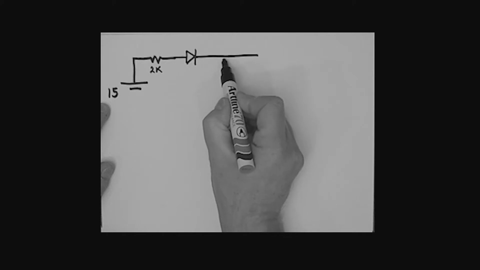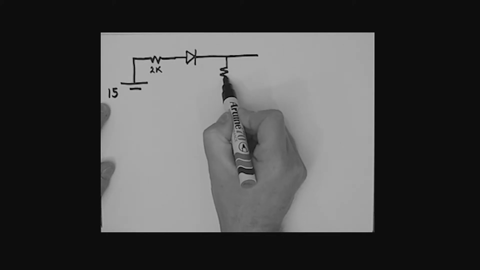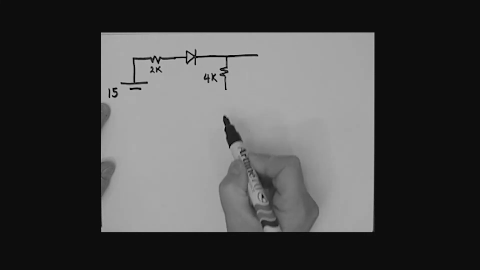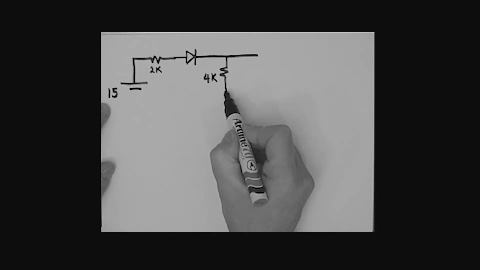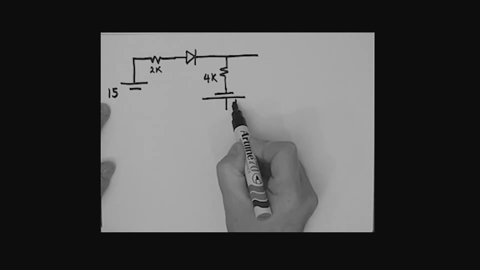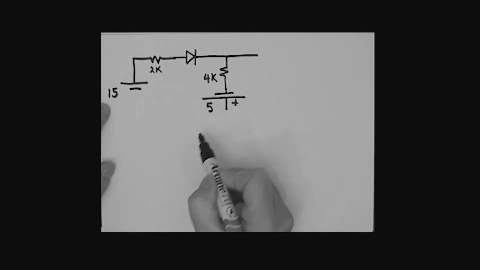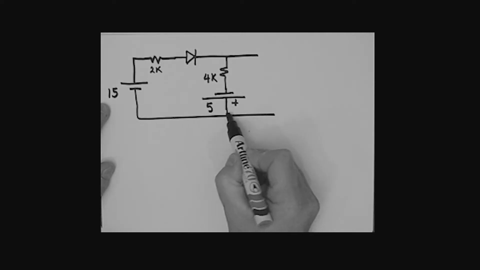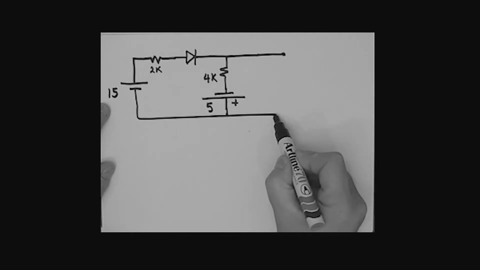And we'll basically have another resistor sitting here, which we'll say is a 4K resistor. And then we'll have another power supply sitting here, and we'll say that this is a 5 volt power supply. This is now the circuit that we have to deal with.